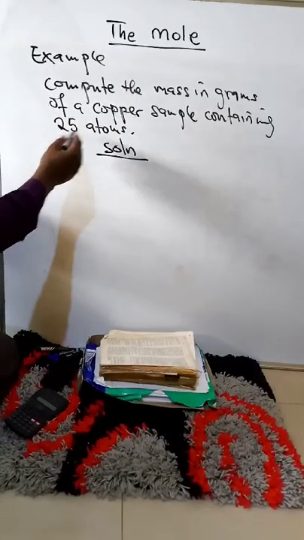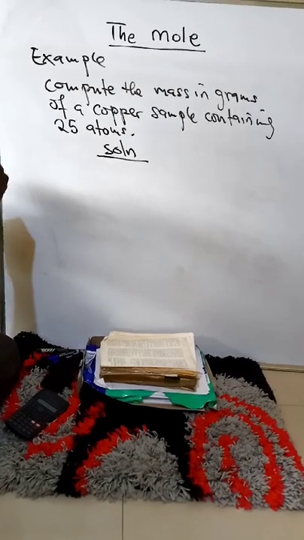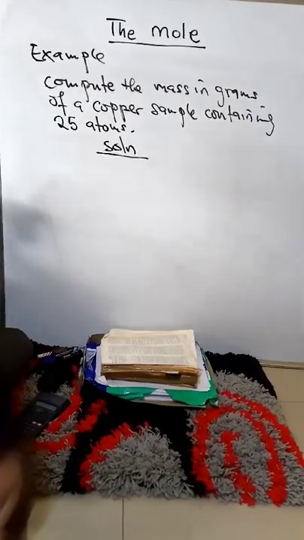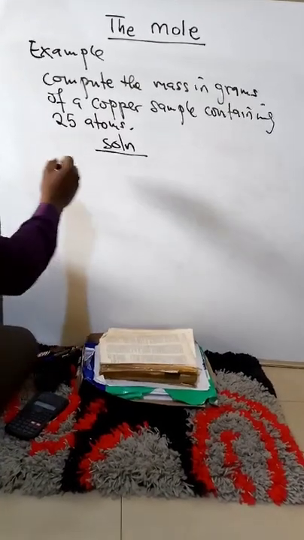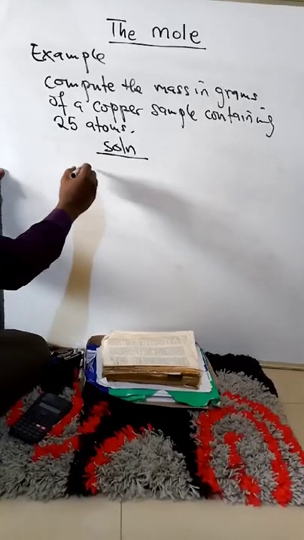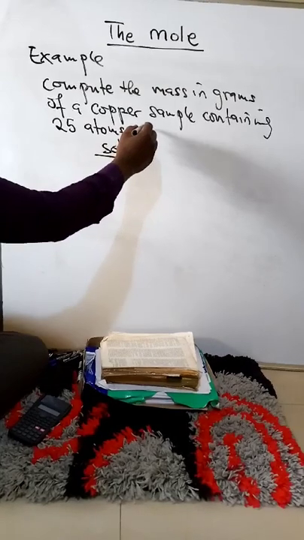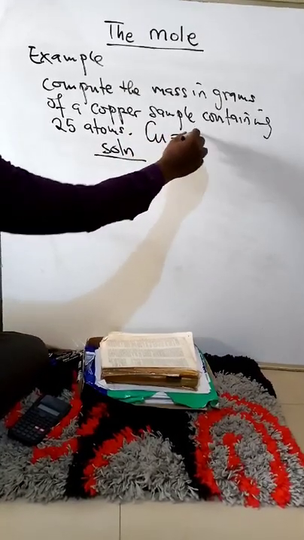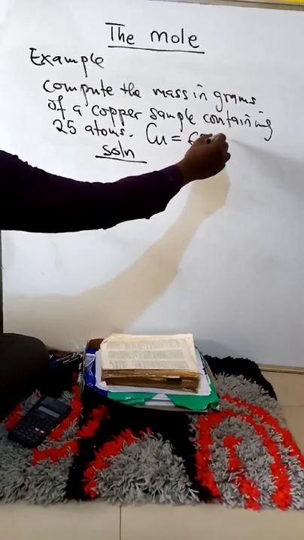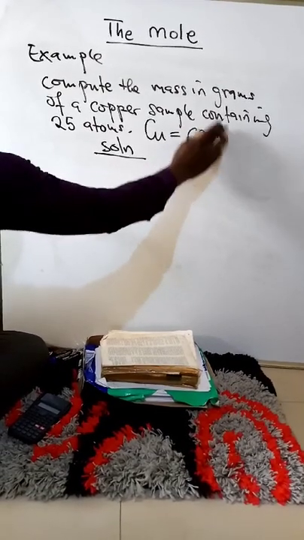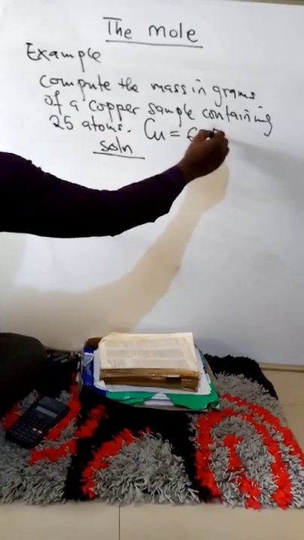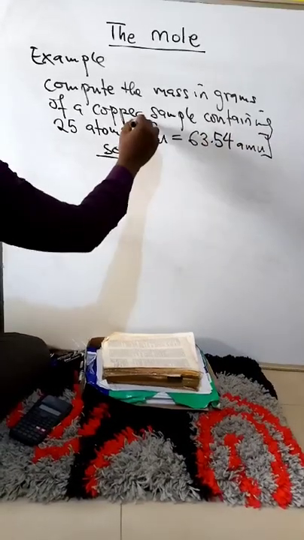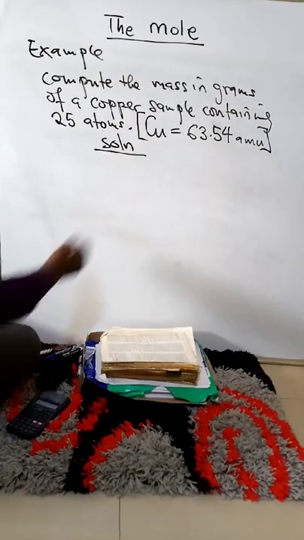First of all, we need to calculate the mass of 25 atoms. The atomic mass of copper is 63.54 AMU.